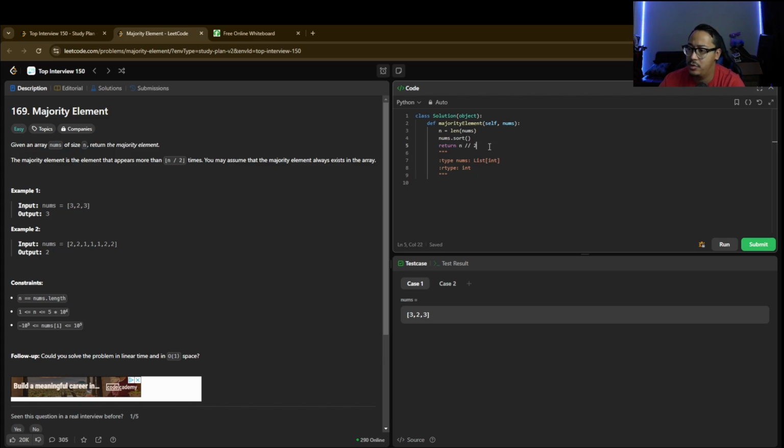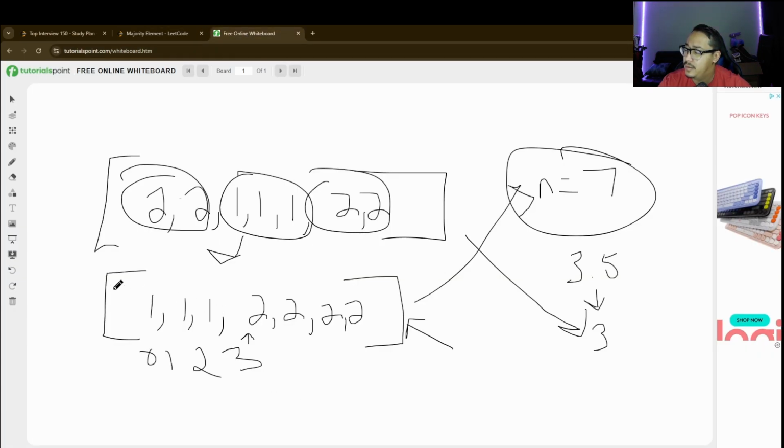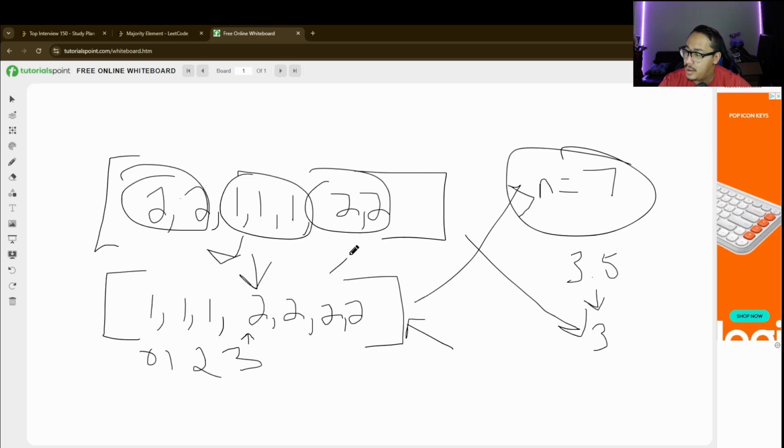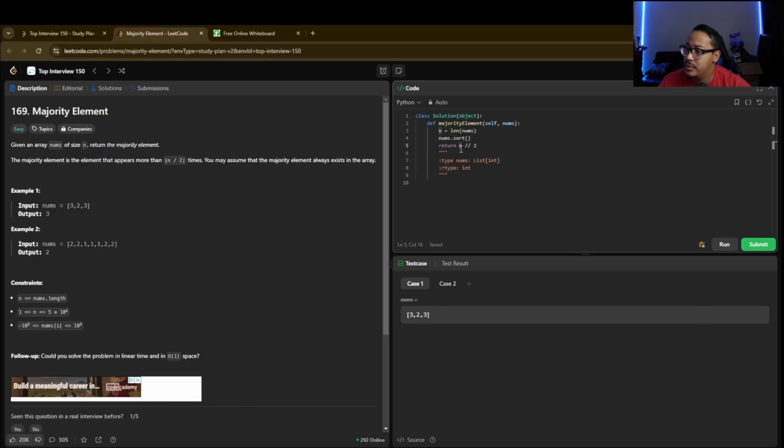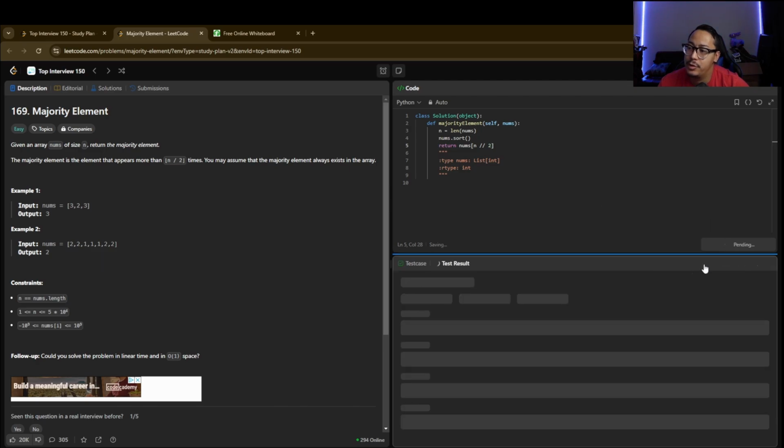No, we need the index. So n divided by 2 rounded down is going to be the index of nums. So we need nums here, and then this index. All right, I think that should work.